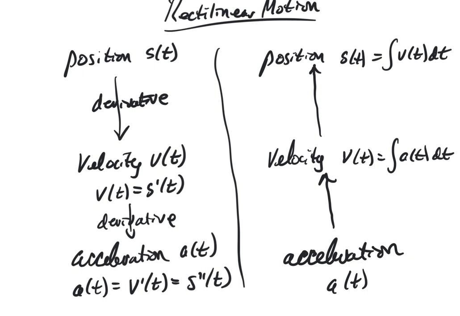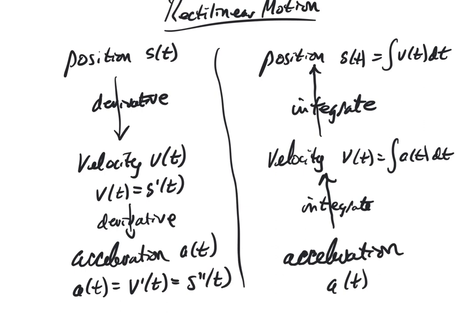All right, so we can integrate to work backwards from acceleration to velocity to position, or just velocity to position if you only want to go halfway. So taking derivatives, instantaneous rate of change going one way, and going the other way, we're going to integrate. So we should be able to move in both directions.